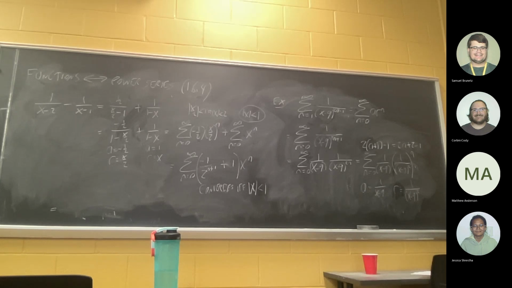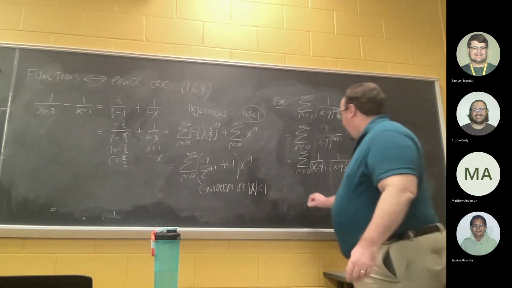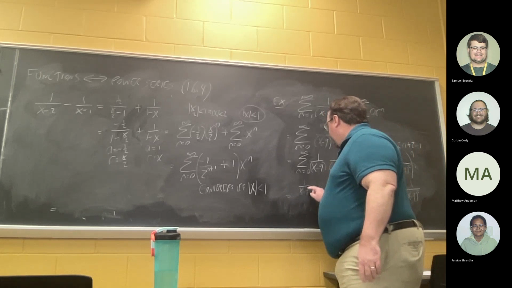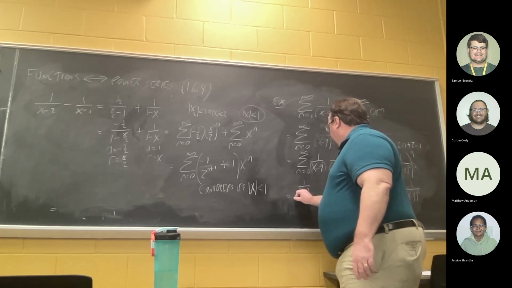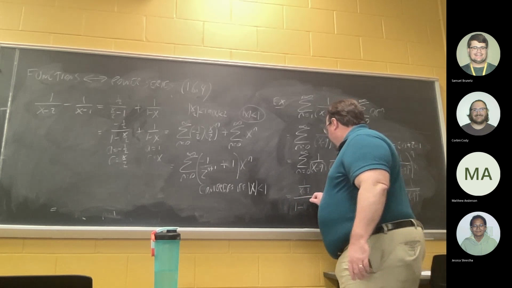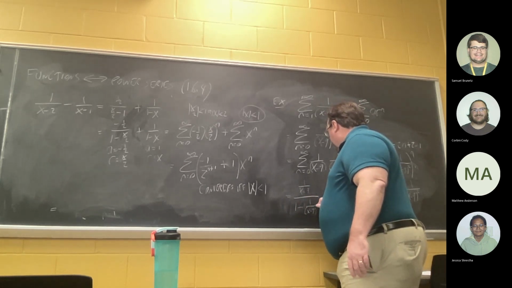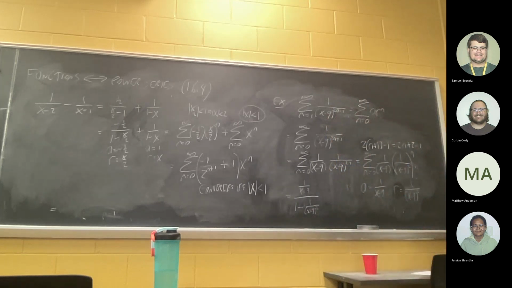So now I can apply the formula, a over 1 minus r. I'll have a up top, and then down below, I'll have 1 minus 1 over x minus 9 squared. So, rather complicated fraction.